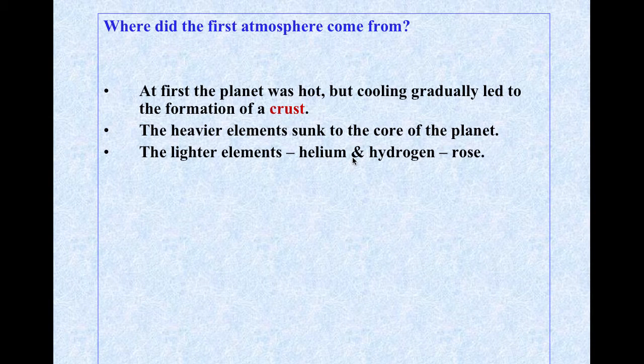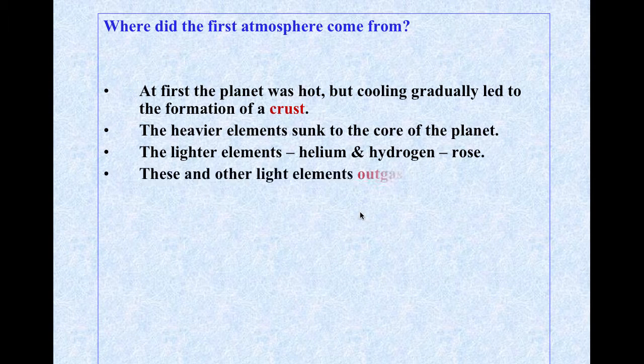So the lightest elements are helium and hydrogen. Helium, hydrogen, and the other lighter elements rise during the cooling process. The very lightest elements, helium and hydrogen, outgas from the planet. Outgassing simply means that those elements leave the solid planet itself and outgas into space or into the atmosphere.